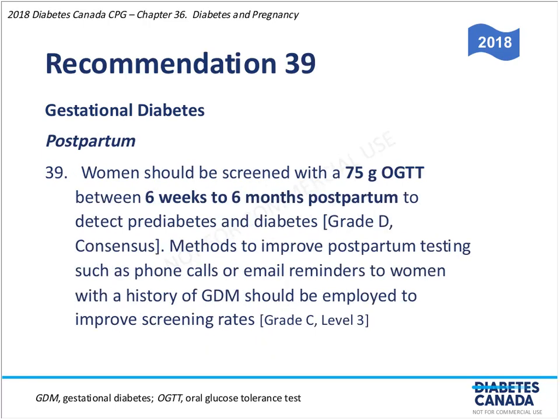Breastfeeding recommendations, no different. One thing that is often not accomplished by our patients is doing a redo 75-gram glucose tolerance test within 6 weeks to 6 months of delivery to see whether their diabetes has resolved, whether they have impaired glucose tolerance, to help predict their risk of diabetes in the future.